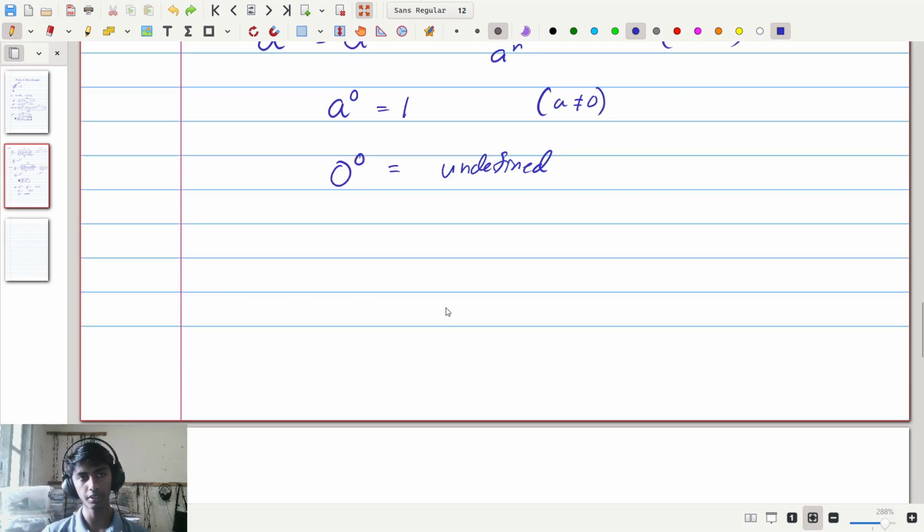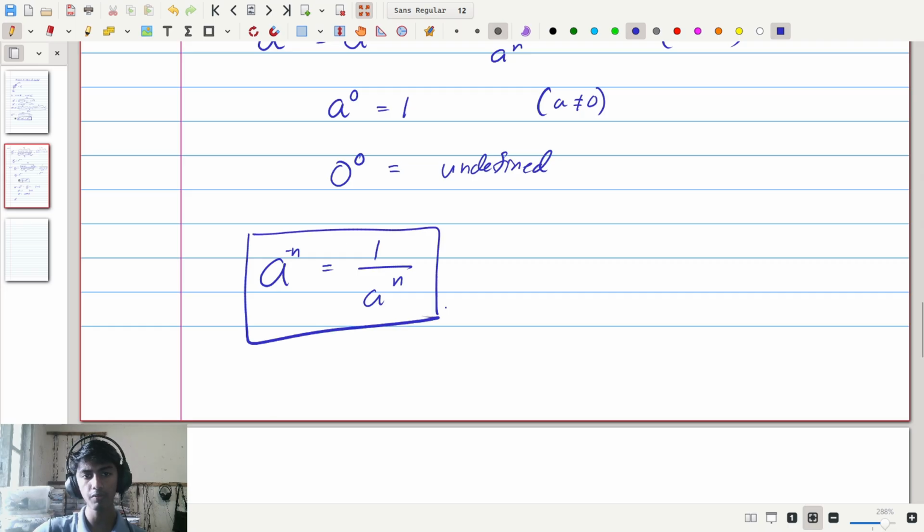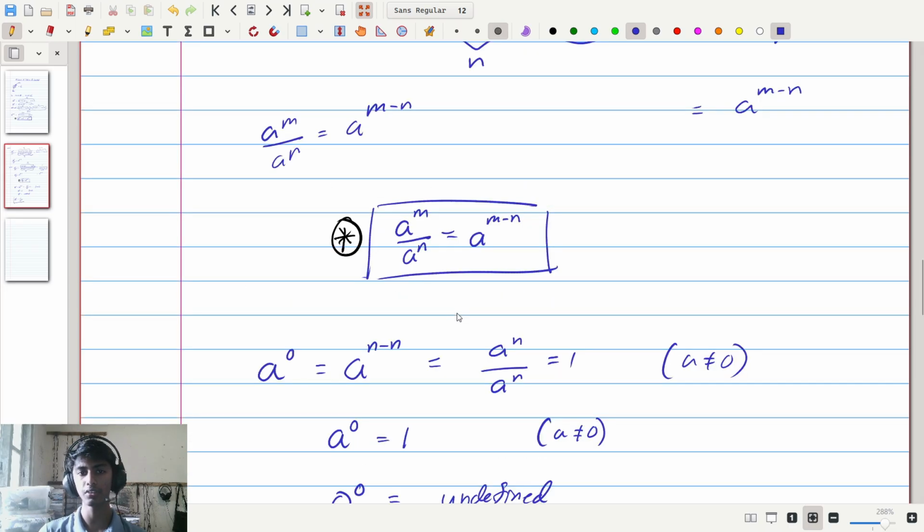So we also defined another thing. We defined that a to the negative n is equal to 1 divided by a to the n. This also we used when we were considering this thing right here. In fact, we can even kind of see it. If you consider a to the m divided by a to the n is a to the m minus n, then a to the n divided by a to the m would be a to the n minus m, which is a to the negative m minus n.